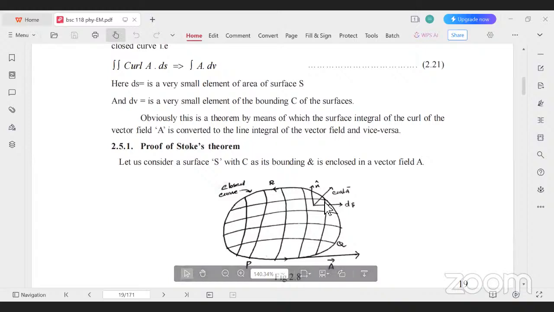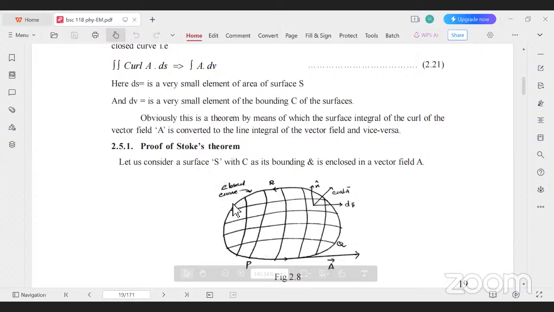I'm taking one single surface, so that is nothing but double integration of curl A dot ds equals the integration of A dot dl. Here ds is a very small element of area of the surface. If I'm able to calculate for this boundary C of the surface, I'm able to find the whole surface.